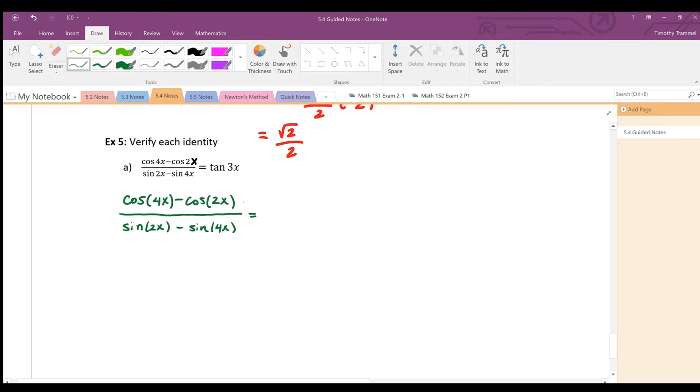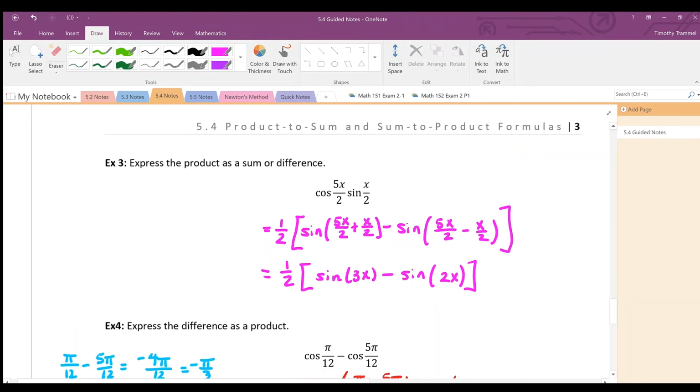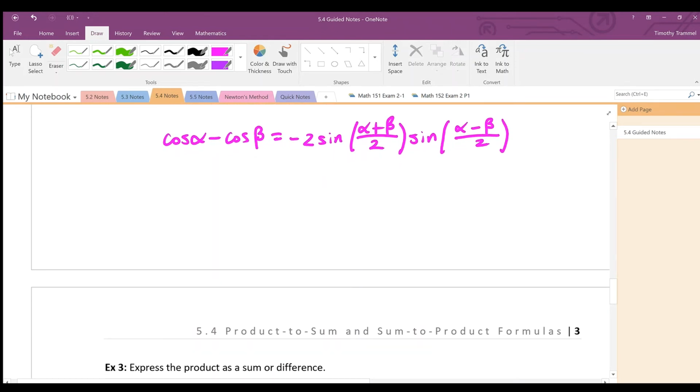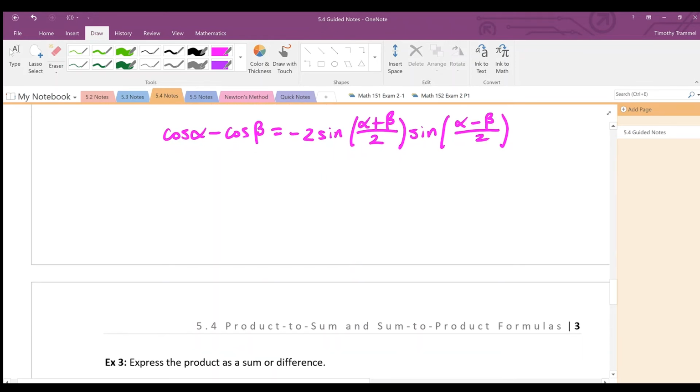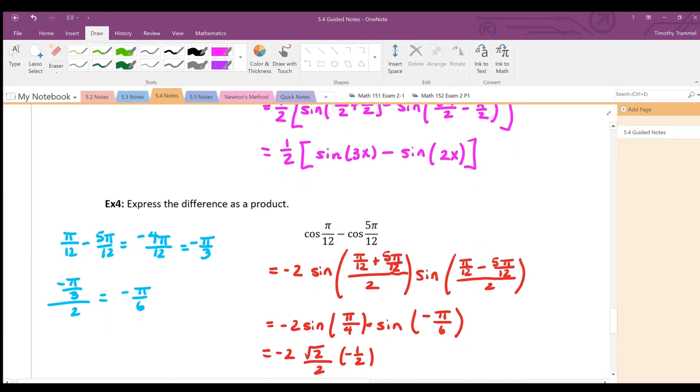All right, we'll go up and peek at these one at a time here. So we have cosine of 4x minus cosine of 2x, and I think we just used that one, right? It's this very bottom one here, cosine alpha minus cosine beta. So we'll have minus 2 sine of the sum of the angles divided by 2, sine of the difference of the angles divided by 2.